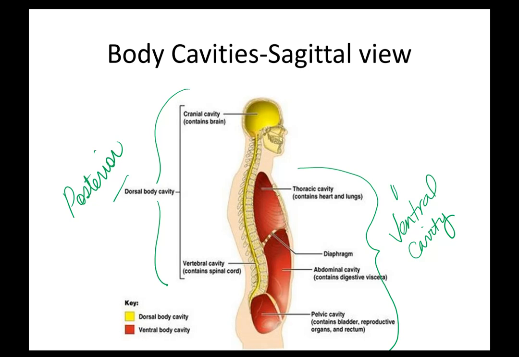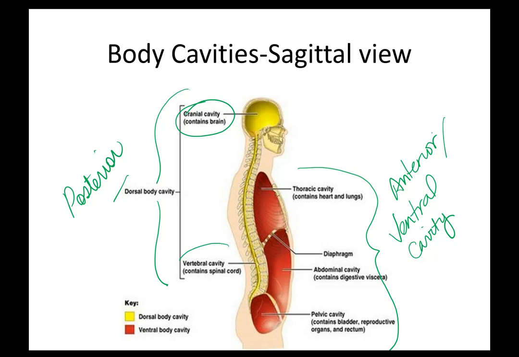Ventral could also mean anterior. In the dorsal body cavity, you actually have two subcavities. You've got the cranial cavity, which contains the brain. It's the hole inside your skull that houses your brain.